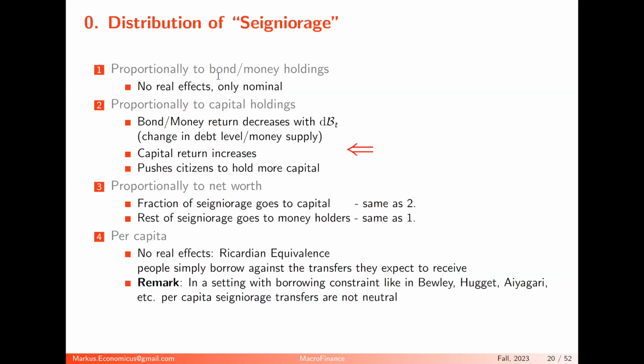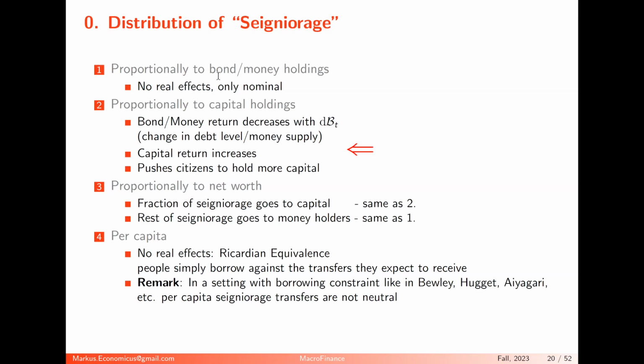And then you can also pay back the seigniorage per capita. So the wealthy guys don't get more: if you're 10 times as wealthy as me, you don't get 10 times as much of a seigniorage benefit. You get it per capita. But in this model, if you have no real effects from this, if you have Ricardian equivalence, people anticipate they will get this seigniorage payout.